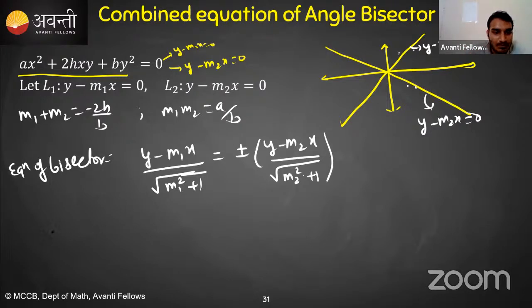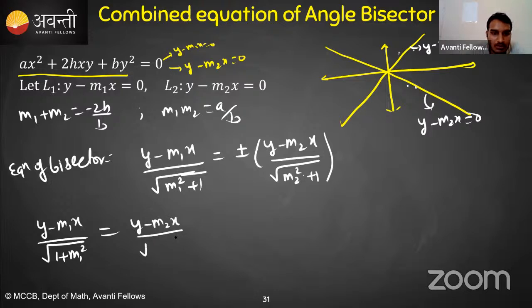So what will the equation of bisector 1 be? Let's say this is y minus m1x upon under root of 1 plus m1 square equal to, considering the plus sign only, y minus m2x upon under root of 1 plus m2 square. This is the equation of bisector 1.